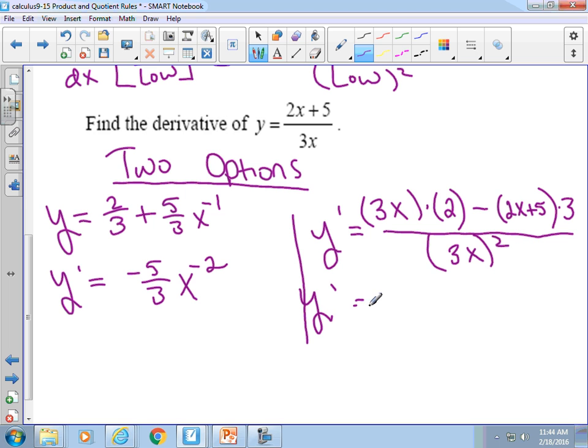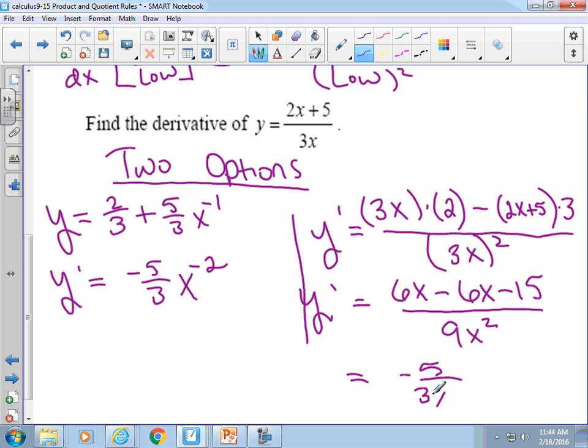I'm going to simplify that. This is 6x minus 6x minus 15. Why is that 15 negative? Distribute the 3 and the negative over 9x squared. The 6x's cancel, and I get negative 15 over 9x squared, which reduces to negative 5 over 3x squared.